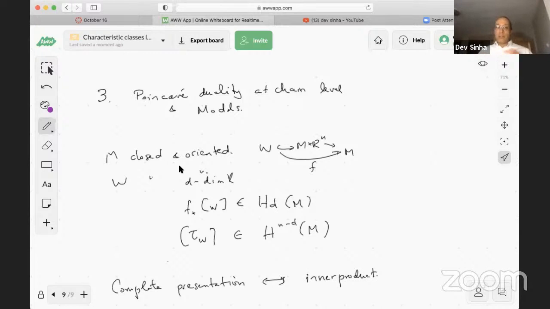Instead of a spanning set and a co-spanning set and a pairing, you really have an inner product. And in some ways, a manifold without boundary is a vector space with inner product. There's a lot of mathematics that proceeds by just seeing manifoldness at a most basic level as this inner product idea.